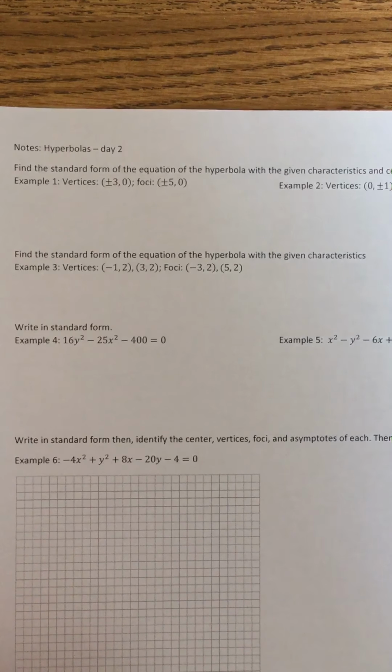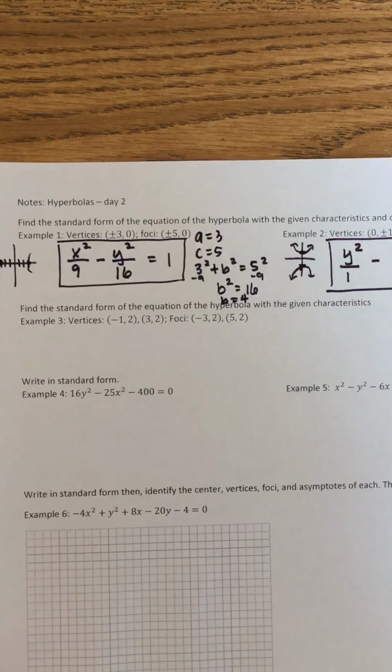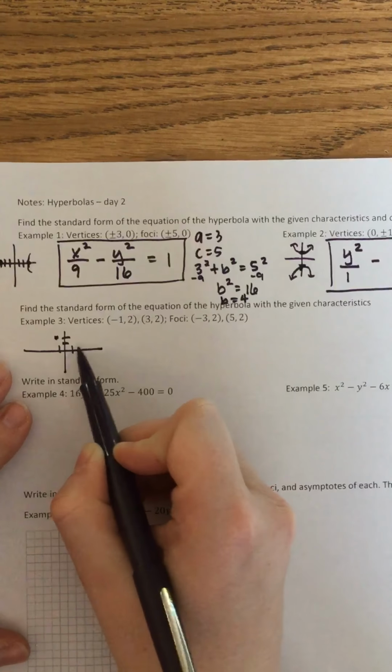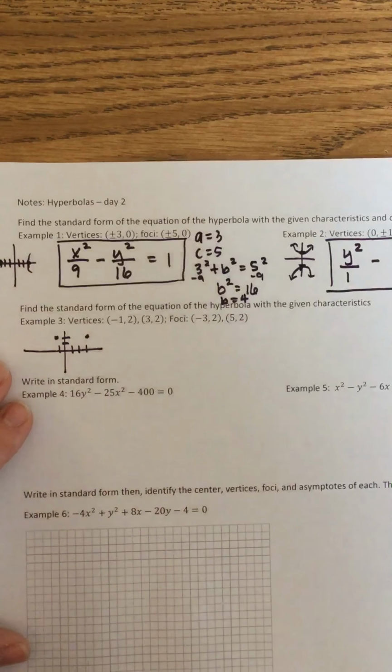All right. Example 3, it says, find the standard form of the equation of the hyperbola with the given characteristics. So this is similar to example 1 and 2, however, the center is not at the origin this time. So I have to figure out where the center is. So we're going to use the information they give us to help us figure that out. If we plot the vertices, I have negative 1, 2, and I have 3, 2.